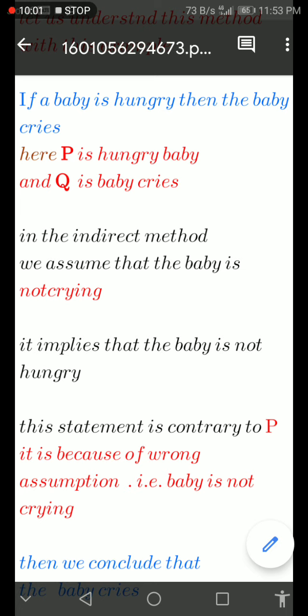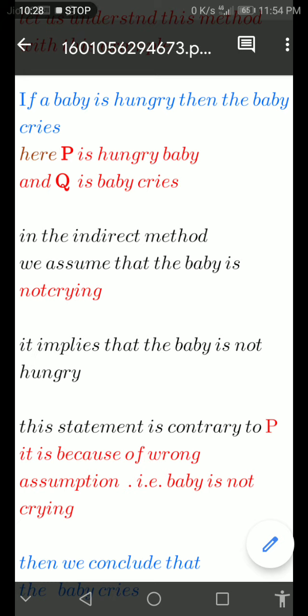The baby is not crying. That implies the baby is okay, the baby is healthy, and the baby is not hungry. The baby is not hungry.